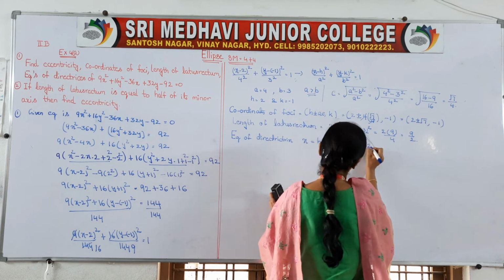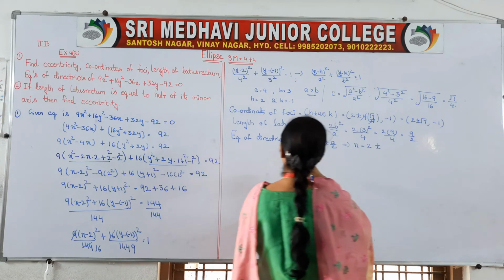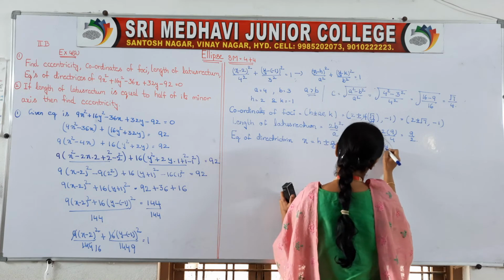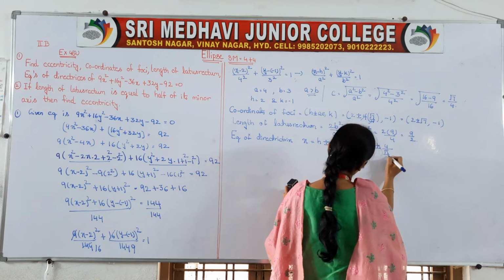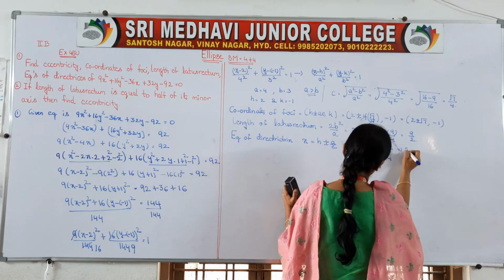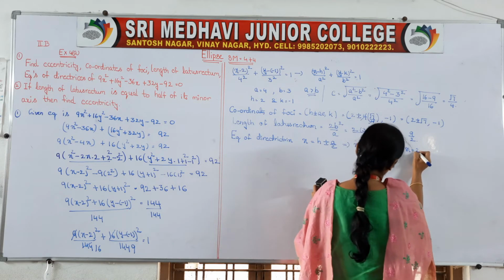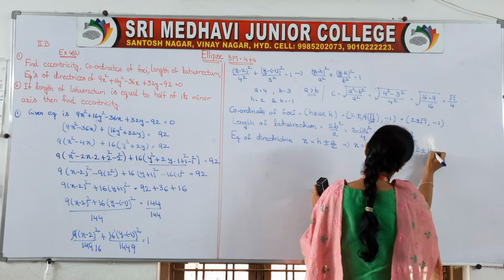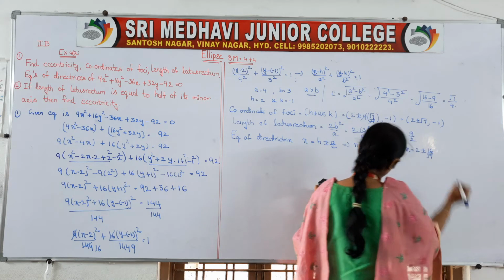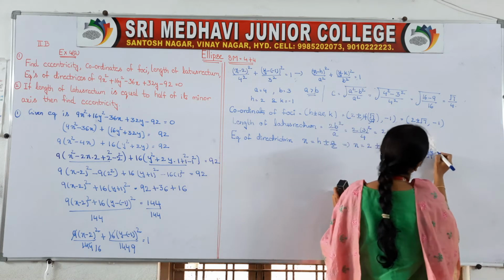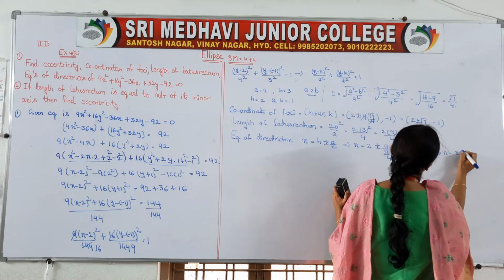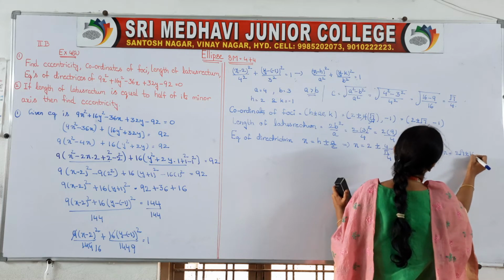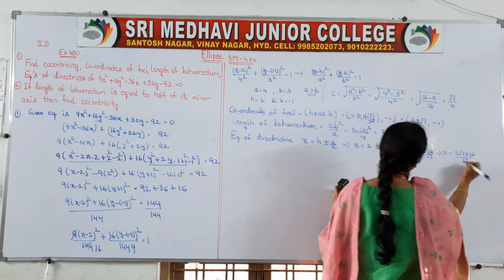So x is equal to h, what is h, 2, plus or minus a, a is 4, by e. What is our e? Root 7 by 4. So x is equal to 2 plus or minus 16 by root 7. Taking the LCM, x is equal to (2 root 7 plus or minus 16) by root 7.